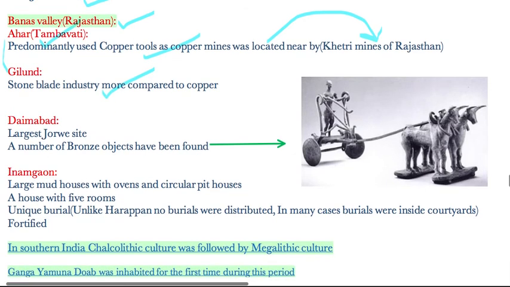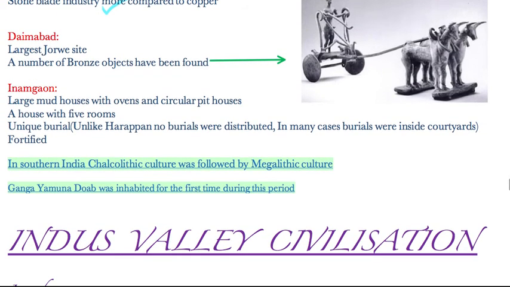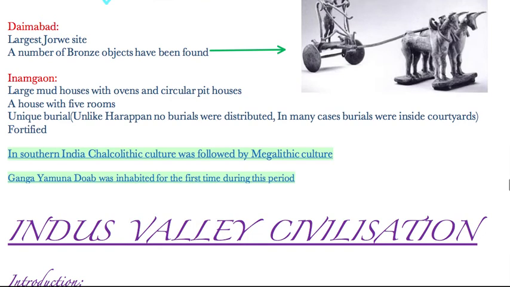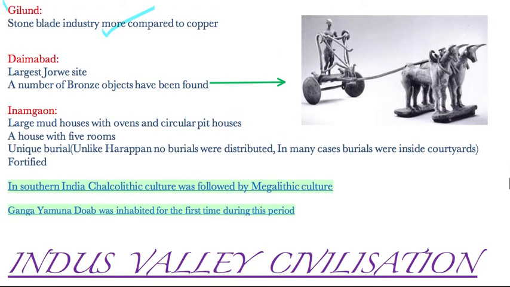Then another important site in Maharashtra, which comes under the Jorwe culture, is Daimabad. Daimabad is the largest Jorwe site, and a number of bronze objects have been found. As you can see, these beautiful figurines are made of copper, and they were found at Daimabad.